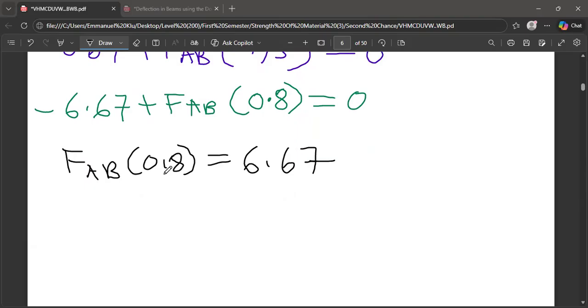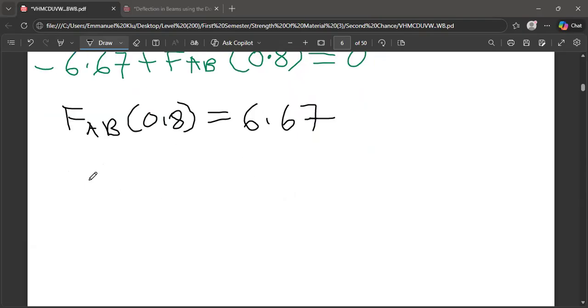Always remember to write the numbers before the alphabet. So this multiplying this is going to give us 0.8 FAB is equal to 6.67.